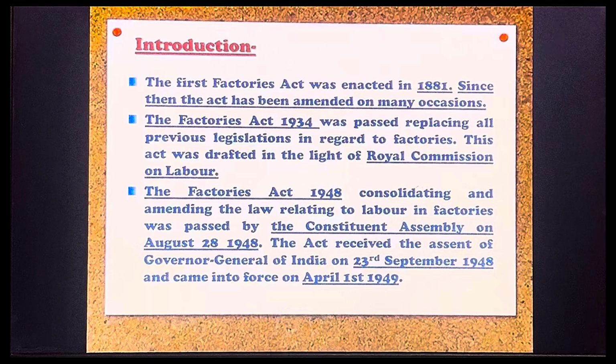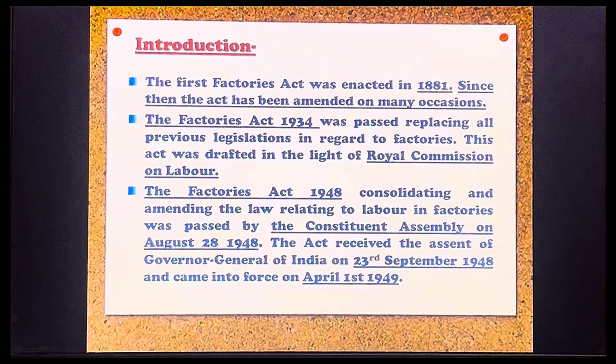But Factories Act 1934 revealed a number of defects and weaknesses which hampered effective administration of this act. Therefore, the Factories Act 1948 was introduced, consolidating and amending the law relating to labour in factories.